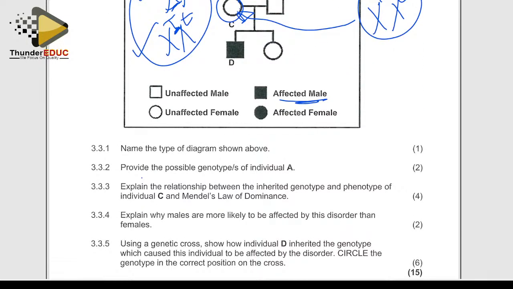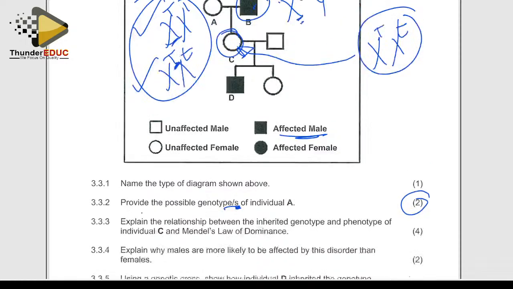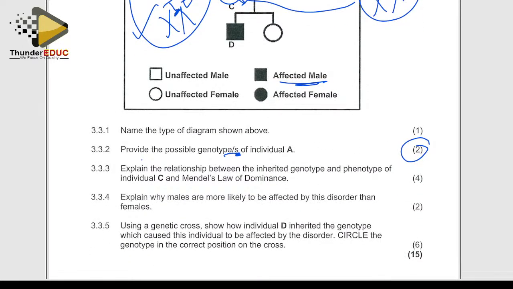How many marks are we given? 2 marks. That's why they say genotype or genotypes, so that you write these two together.